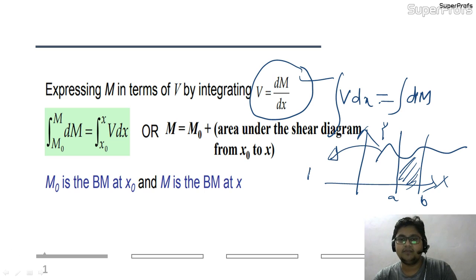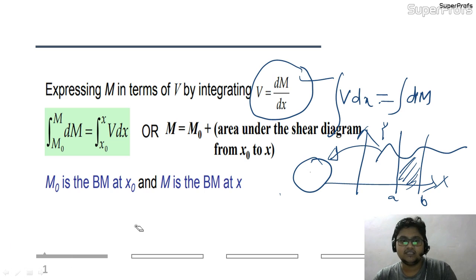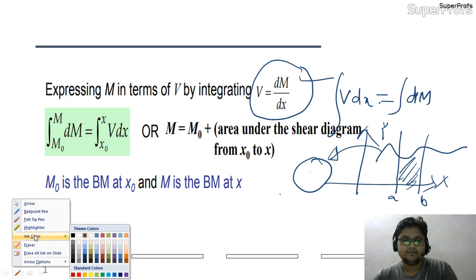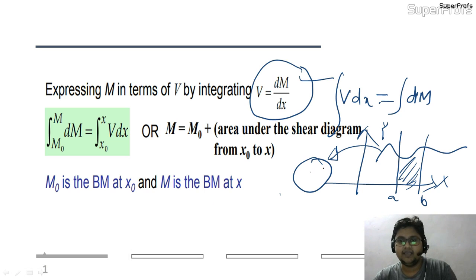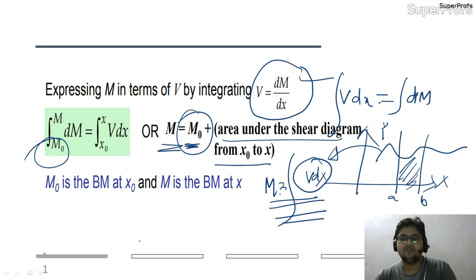Suppose the shear force is defined as the function V. So V into dx will give me the area, and this area will be nothing but the moment. So moment will be the initial limit from which we are finding, that is M naught, plus the area under the shear force diagram.